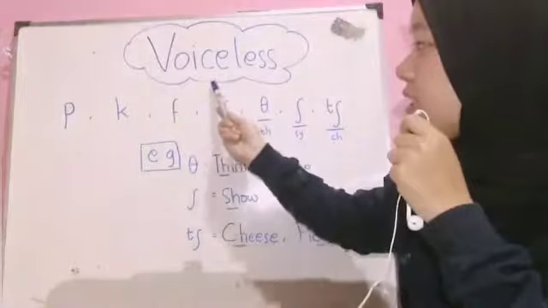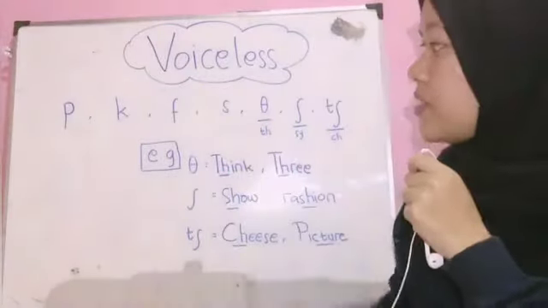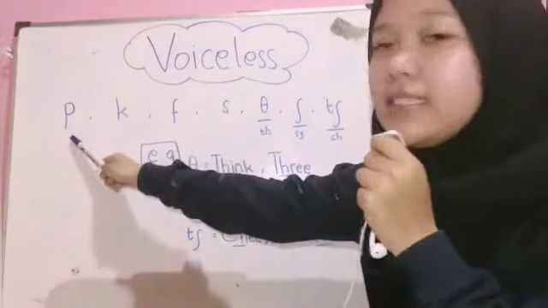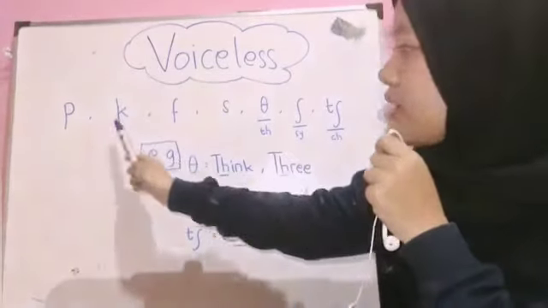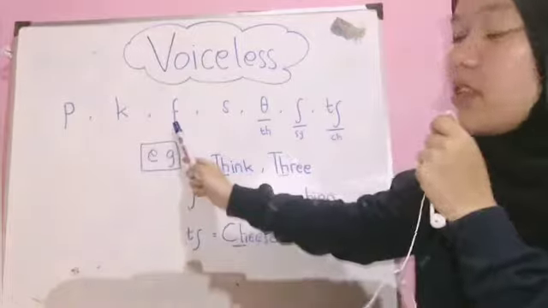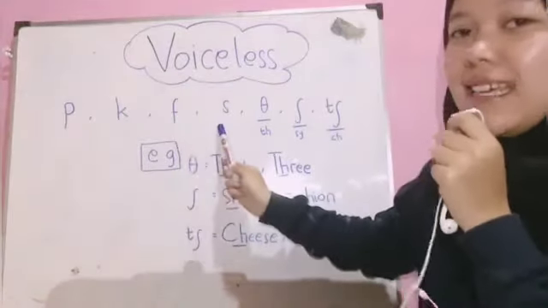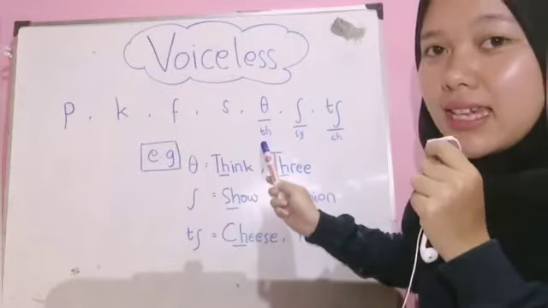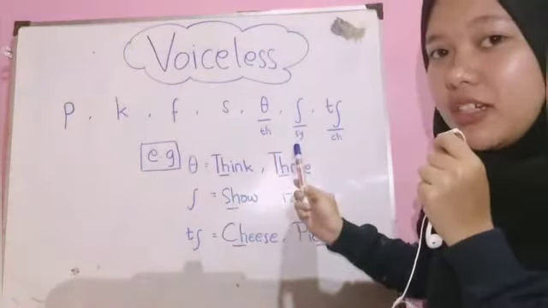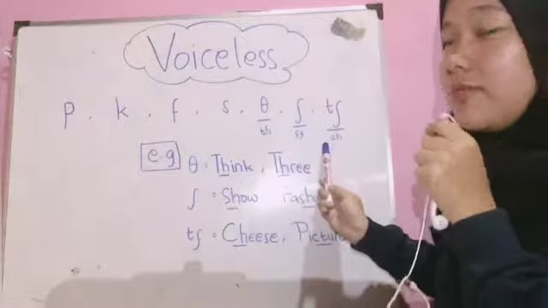The second, we learn about voiceless. In the voiceless there are some symbols. These are p, k, f, s, th, sh, ch.